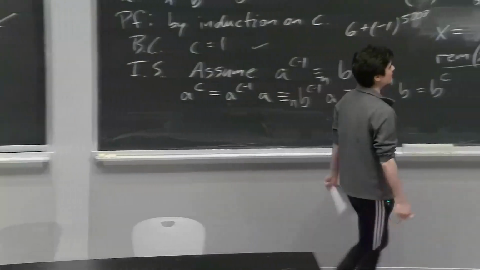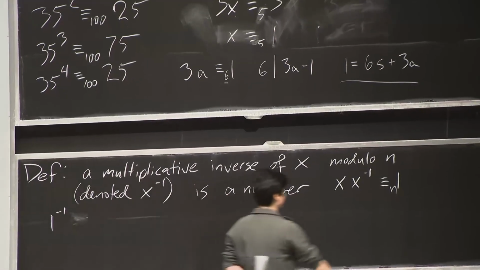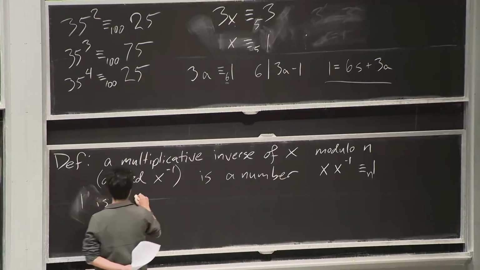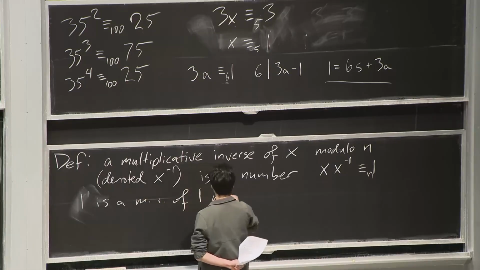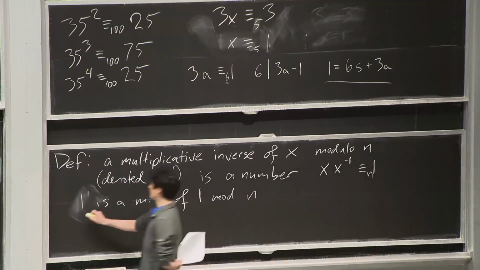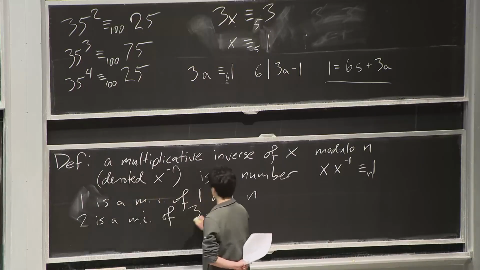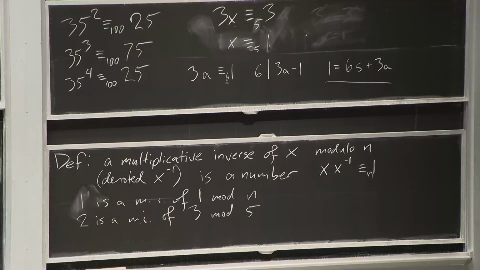As an example, 1 is a multiplicative inverse of 1, mod anything. 2 is a multiplicative inverse of 3 mod 5, because 2 times 3 is 6, and 6 is congruent to 1 modulo 5.